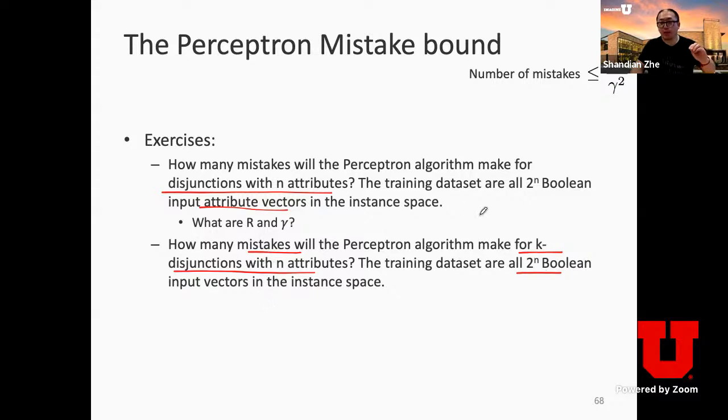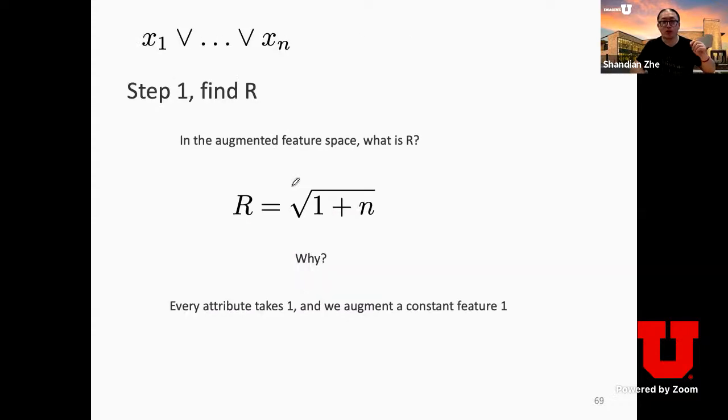We know that to get such a bound, the key thing is to find appropriate R and gamma. So now we showcase how we get this for learning a disjunction. This is our target function over x1 to xn. We use this target function to label positive and negative examples in the n-dimensional boolean input space.